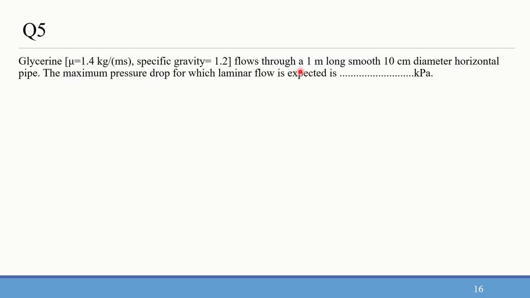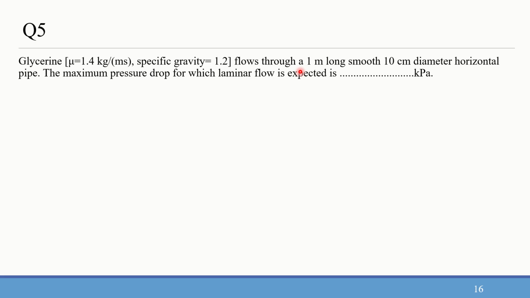So what is given is that we have a 10 centimeter diameter pipe which is 1 meter long, a smooth horizontal pipe, and glycerin is flowing through it, with viscosity 1.4 kg per meter second and specific gravity 1.2. Specific gravity 1.2 means what is the density? Density will be 1.2 into 1000, so it is 1200 kg per meter cube.